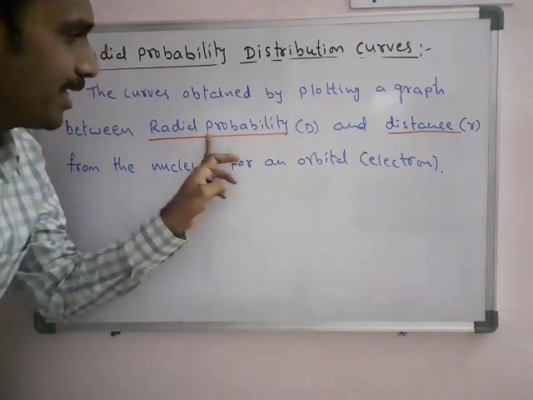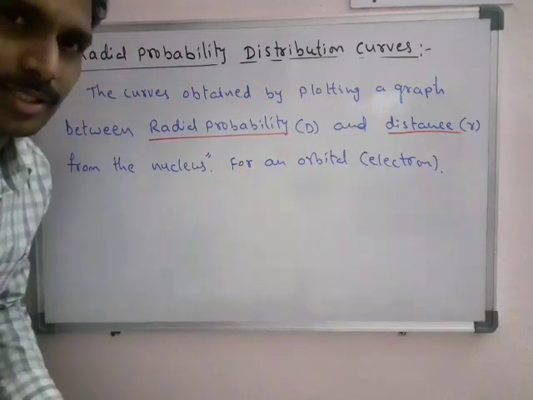So what is meant by radial probability D? Now we see about that.